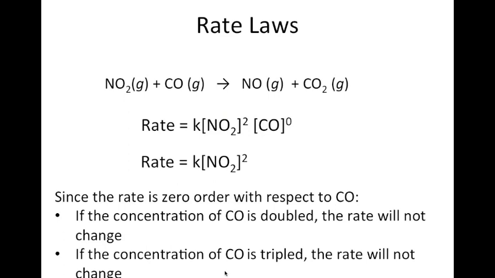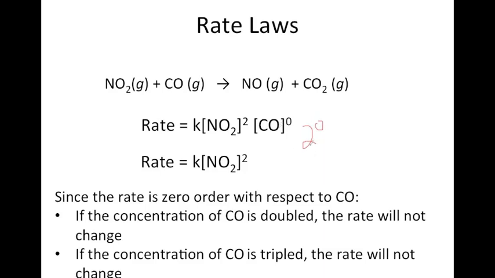With carbon monoxide, since it's 0 order, if we double the concentration of carbon monoxide while holding the other reactant concentration constant, anything to the zero power gives us 1. So if we double the concentration, the rate will remain constant.